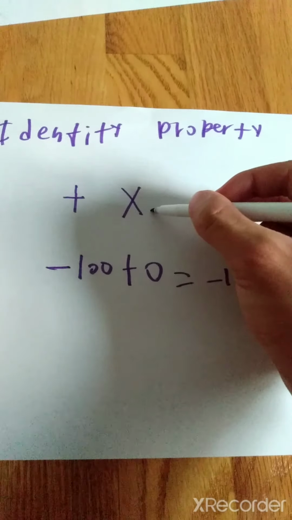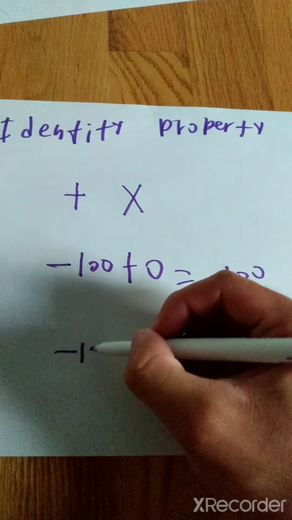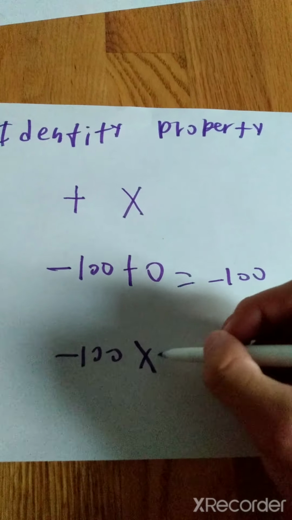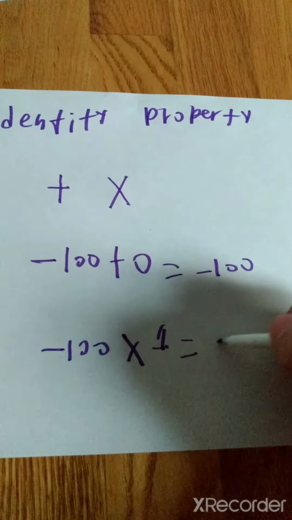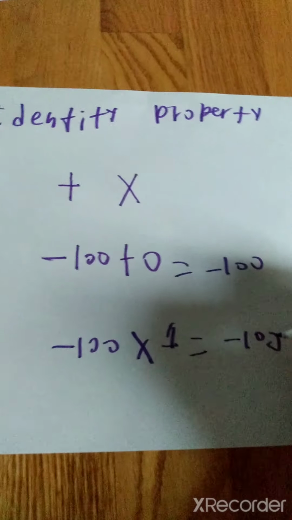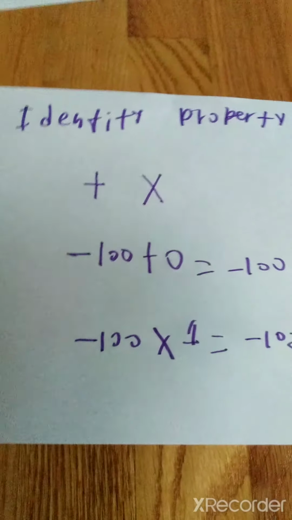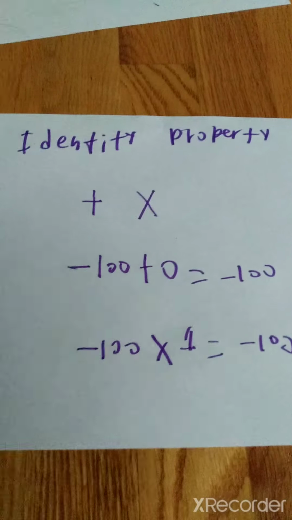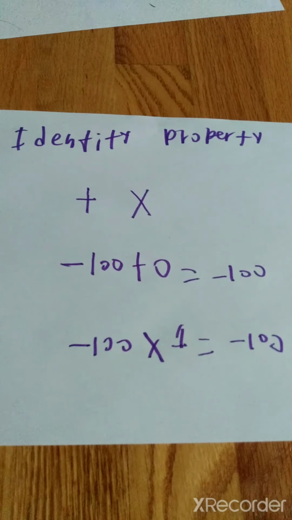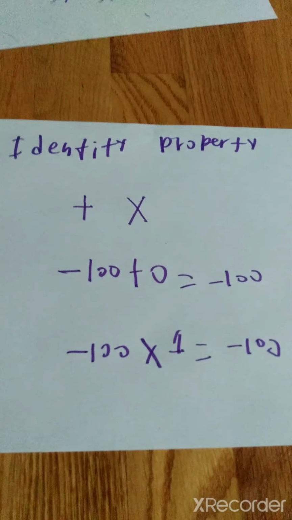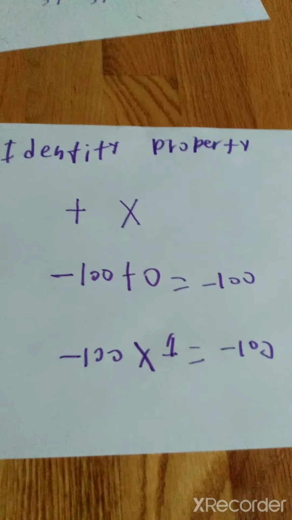Or with multiplication, we can have negative 100 again, but multiply by 1 to get our answer as negative 100. So the identity property is telling you, okay, I want you to stay the same. And this is our final move for what we do in math.